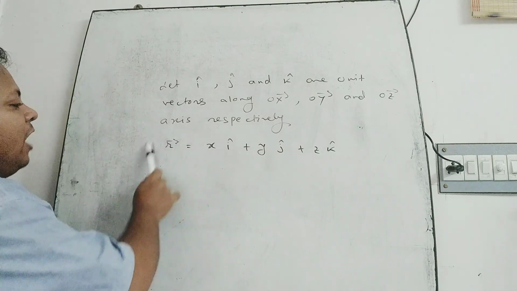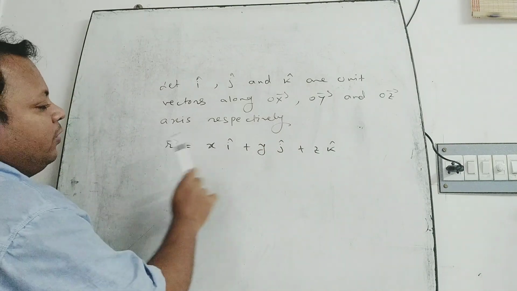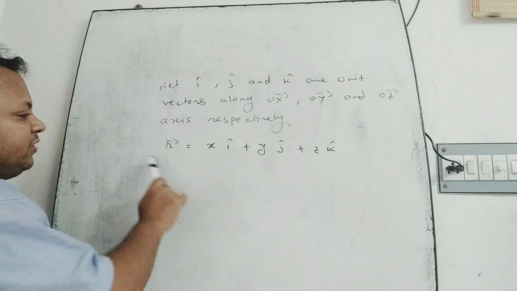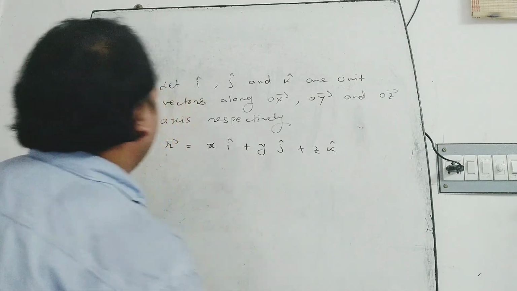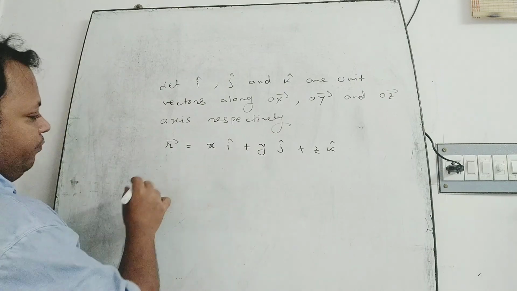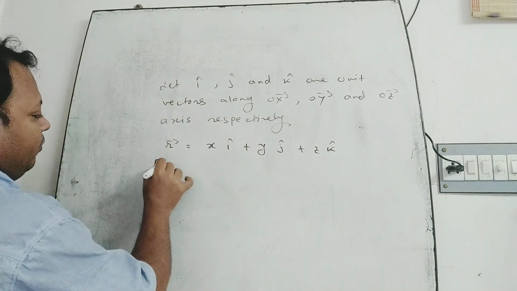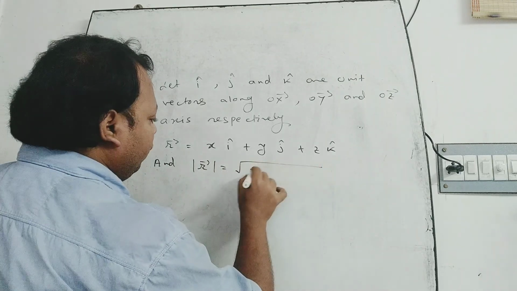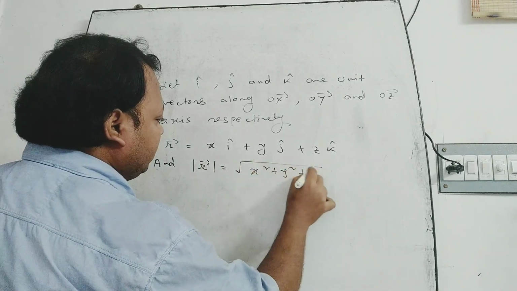Therefore, r vector is equal to x i cap plus y j cap plus z k cap. This is the representation of the position vector of P, and mod of r vector is equal to under root of x square plus y square plus z square.